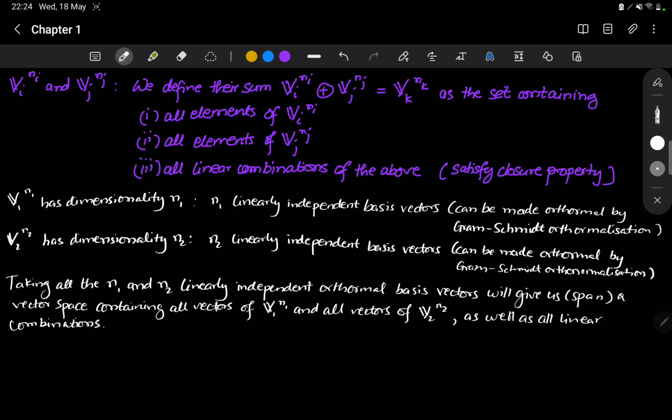So these N1 and N2 vectors will span the space of the sum of these subspaces.